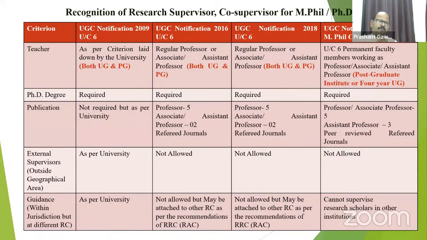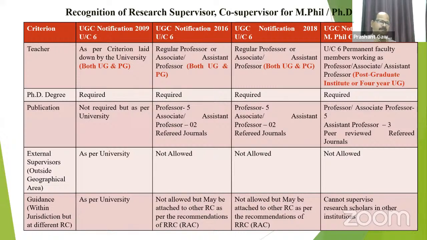Earlier, prior to 2009, whatever conditions were laid down under the respective ordinances of the university. Later on, under the 2009 criteria, again decided by the ordinances.